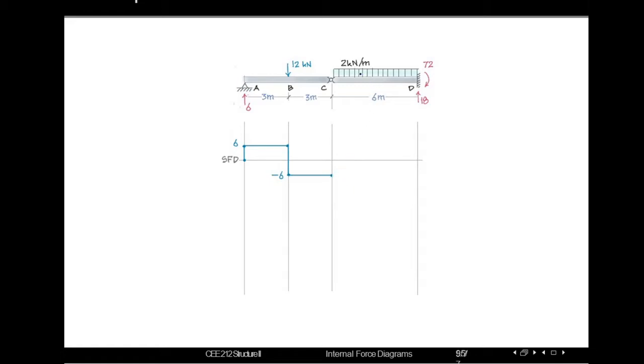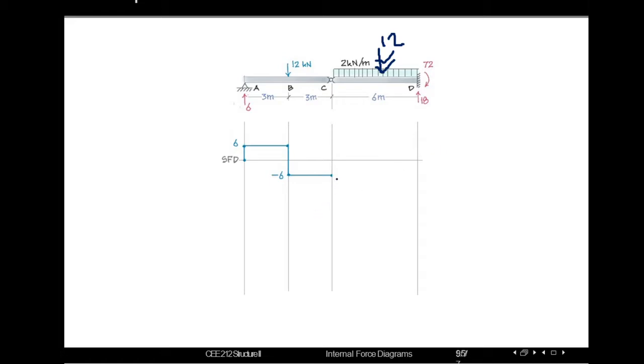Now starting from point C we can see a 2 kN per meter load along a length of 6 meter. So the total load will be 12 kilonewton. From this C point, while moving to D point, we need to sum up the load.